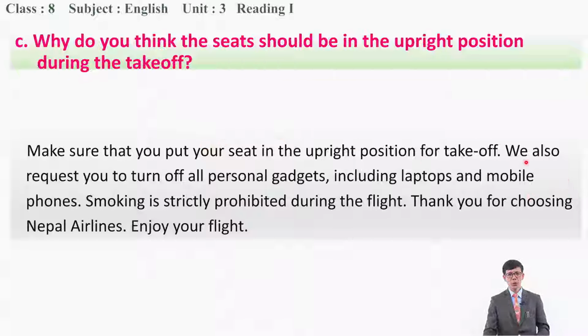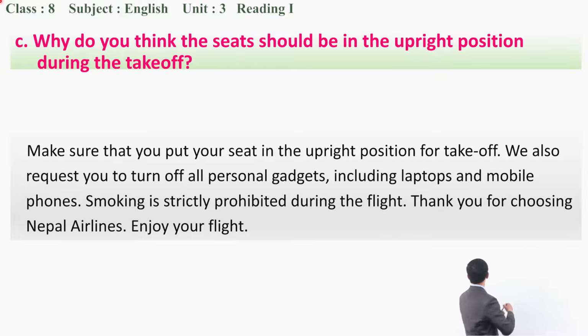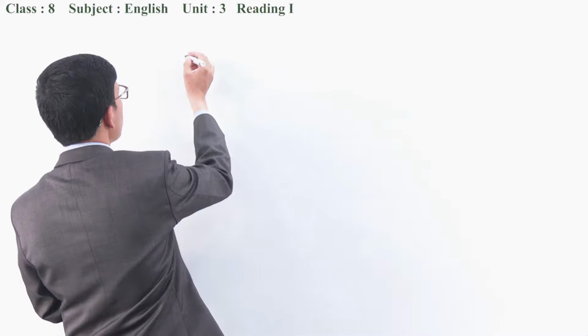Good. We also request you to turn off all the personal gadgets. This is another thing. But why do you think the seat should be in the upright position? Can you tell me your answer? Very good. Let me share my experience with you.